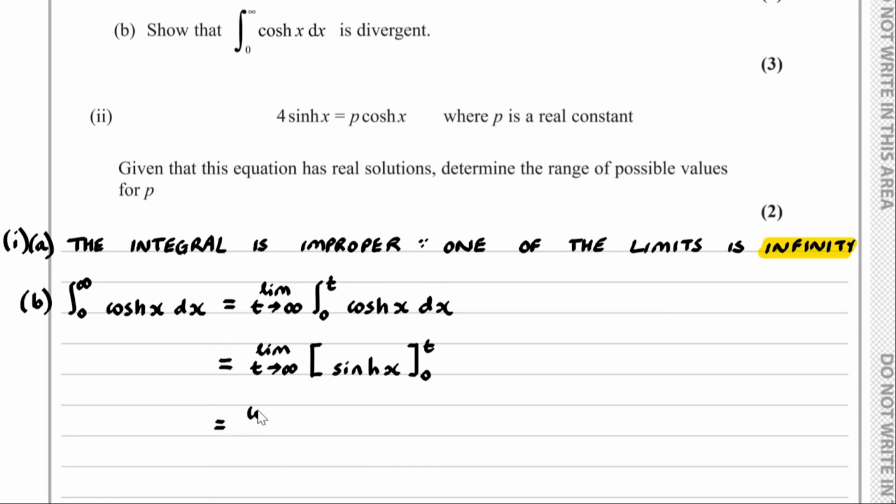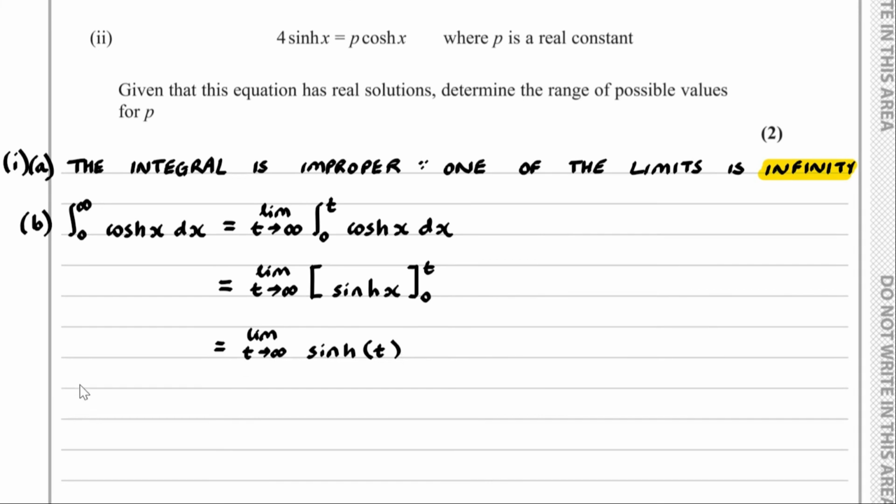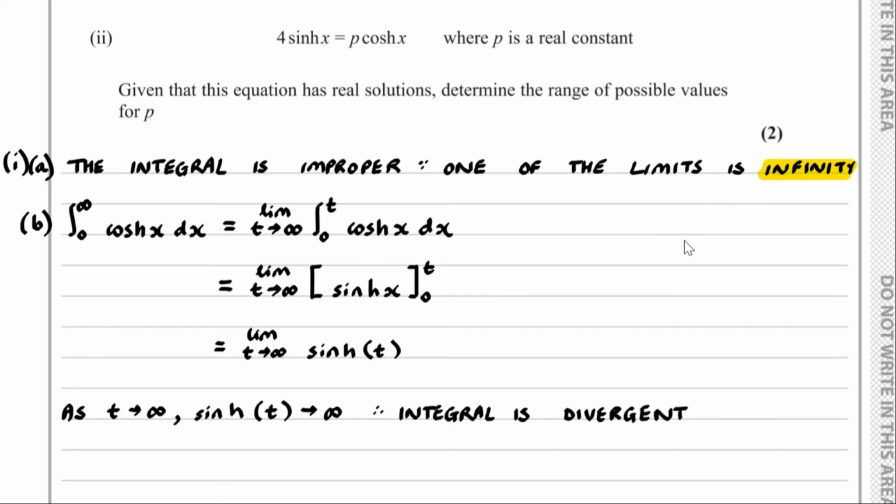So this is the same as the limit as t tends towards infinity of sine t subtract 0, and what we can then say is as t tends towards infinity, sin t would also tend towards infinity. And therefore the integral is divergent.